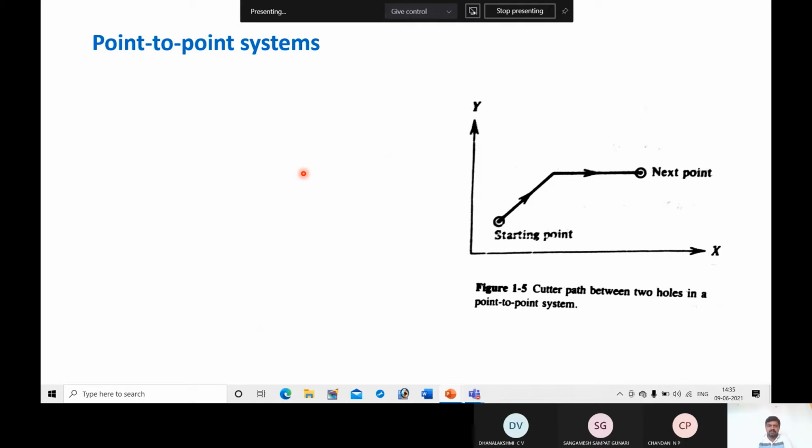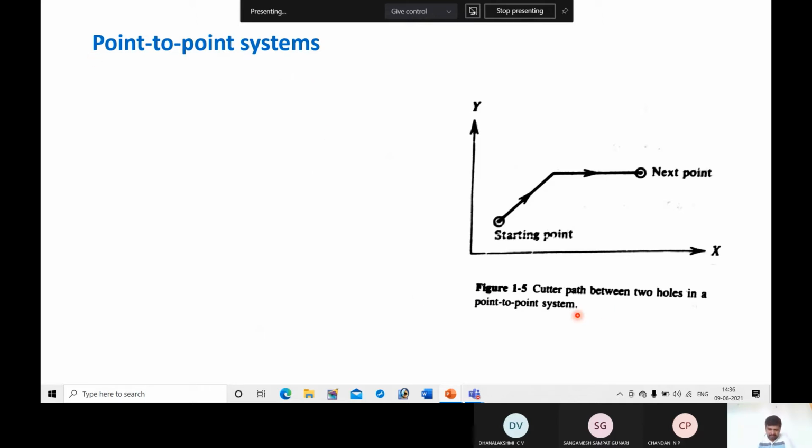We are not bothered about how we are going to achieve that. Anyhow, if we are able to position it, that is sufficient for us. In that case we can go for a point-to-point system.